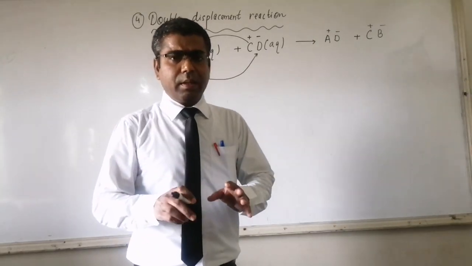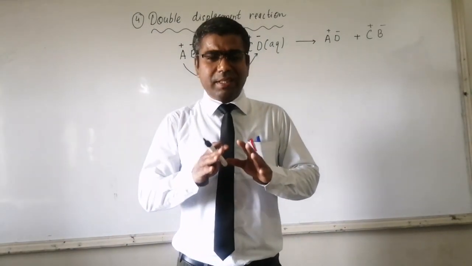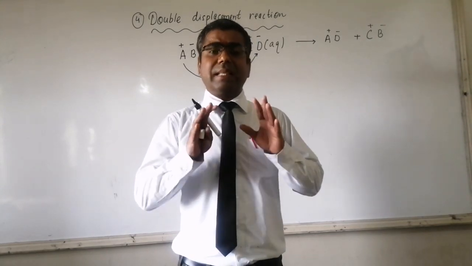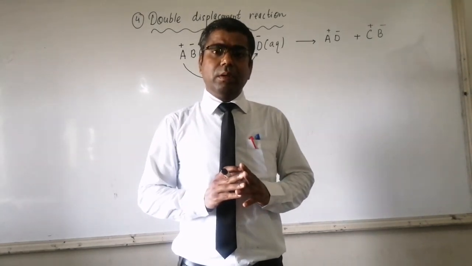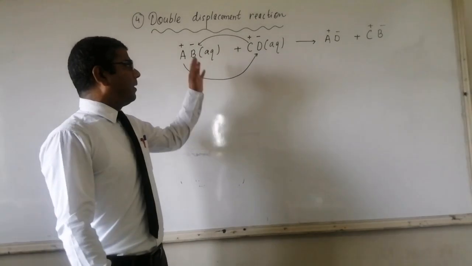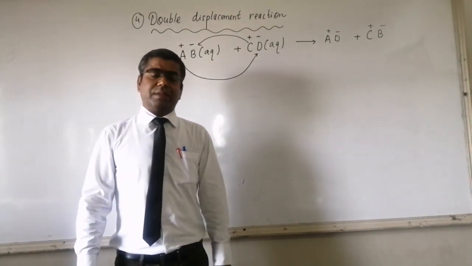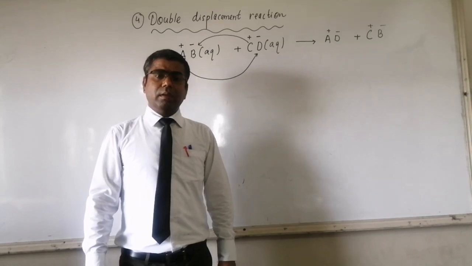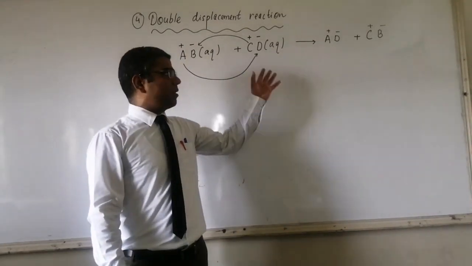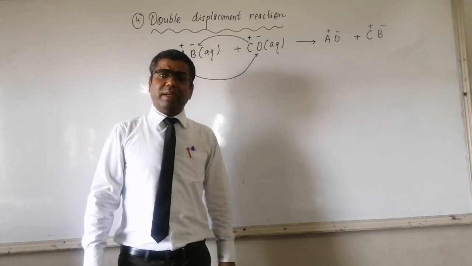So simple exchange of opposite ions is taking place in this chemical reaction. So this is your double displacement reaction. Displacement reaction taking place two times. So it is the general representation of double displacement reaction.